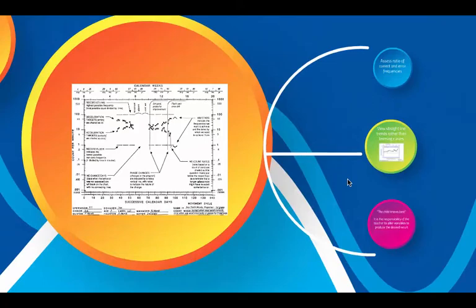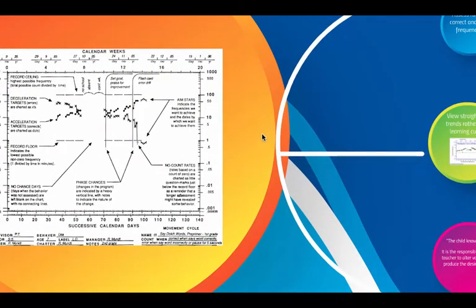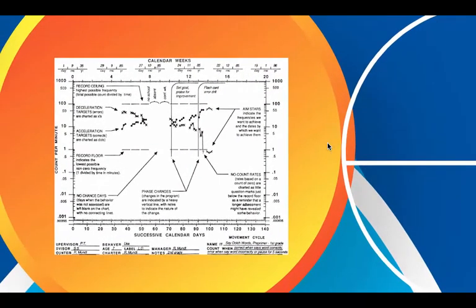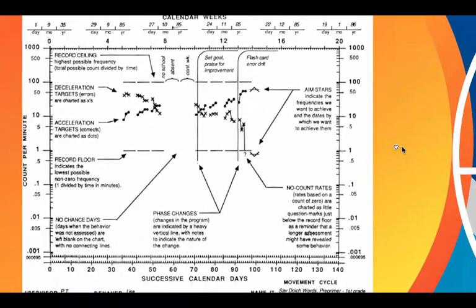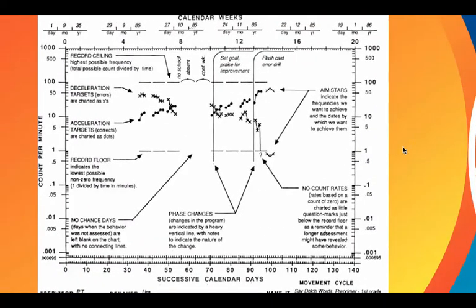Now, one of the things I mentioned a little bit earlier is that the other option in terms of graphic displays is what's referred to as the standard acceleration chart. So the graphic display here is going to be a bit different from other charts and graphs that you look at.